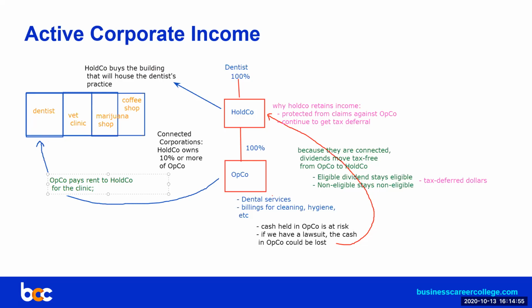But in this case, OpCo pays rent to Holdco for the clinic. That's active income for Holdco. All the other, the vet clinic, the marijuana shop, and the coffee shop, they would all pay passive income. That's all rent, and therefore passive income.